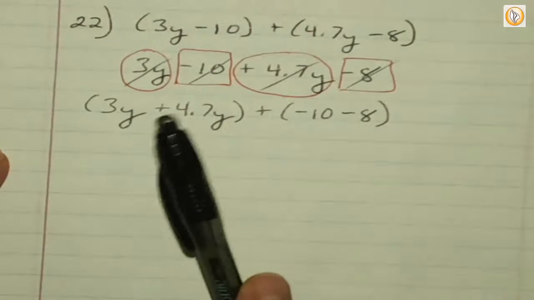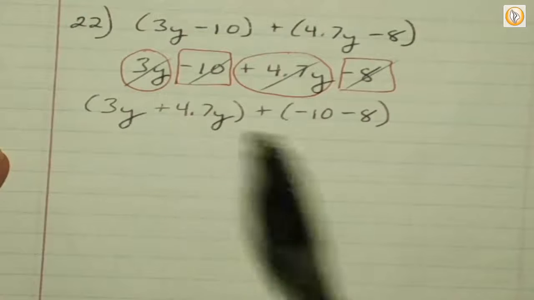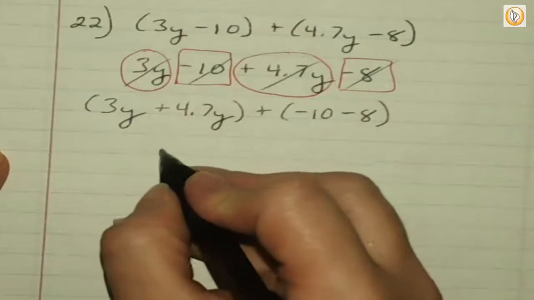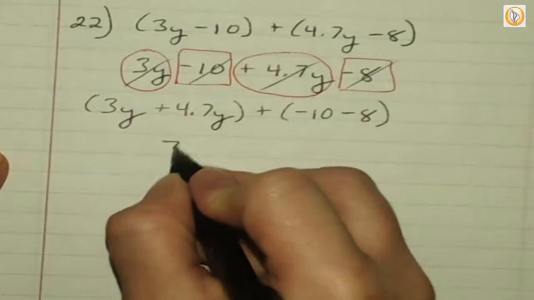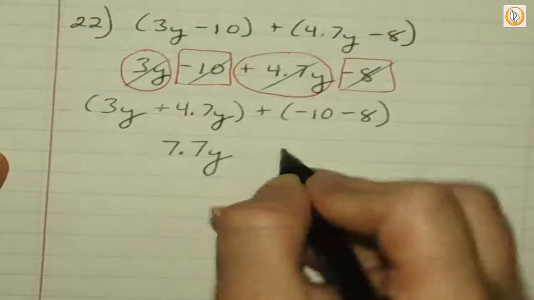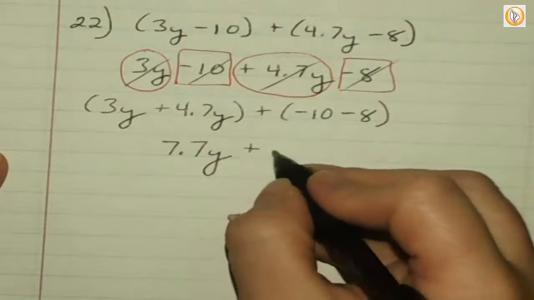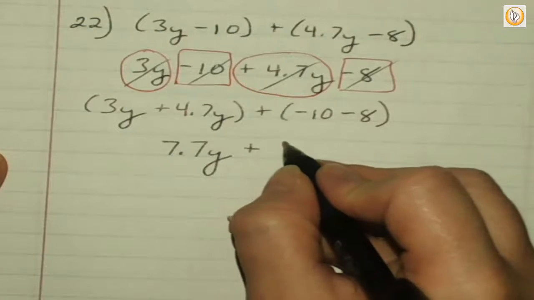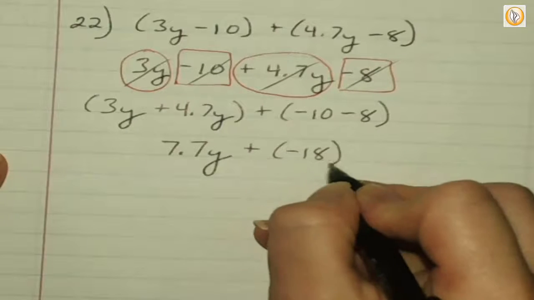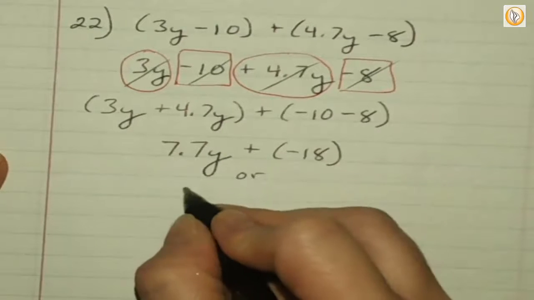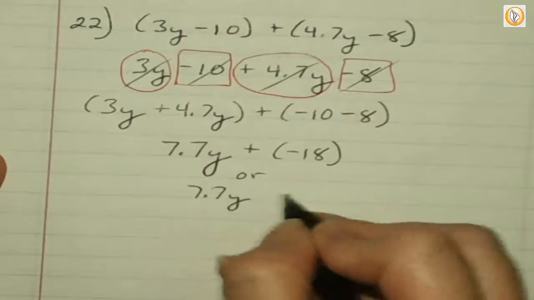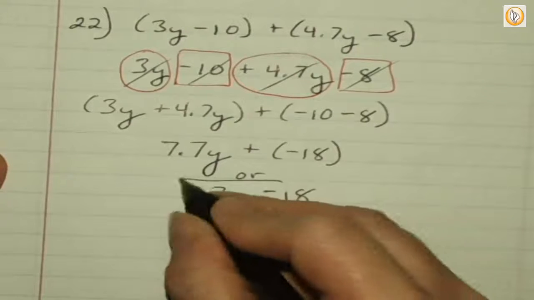So Gabby, 3y plus 4.7y. Very good. And then negative 10 and negative 8. So 7.7y minus 18.